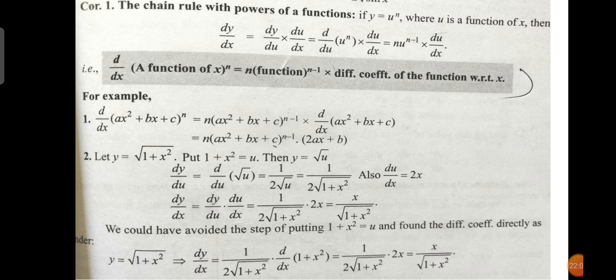The derivative of u raised to n is n into u raised to n minus 1, into du by dx. Okay, if the function is raised to the power of n, then n into the function, the whole raised to n minus 1, into the differentiation coefficient of the function with respect to x. Okay, and examples are given.